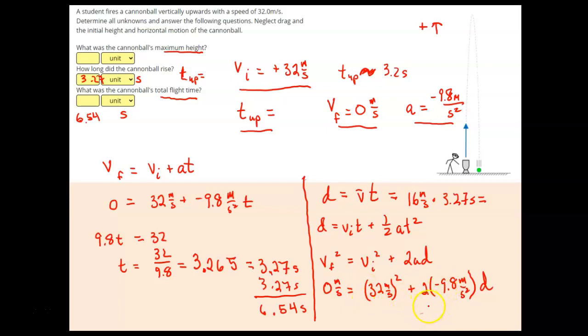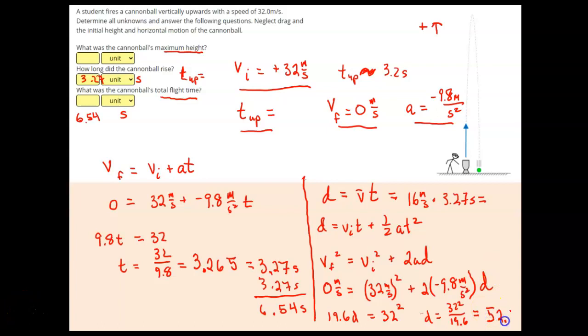If we add 19.6d to both sides, we'd have 19.6d equals 32 squared. So d would be 32 squared divided by 19.6, and that is something worthy of a calculator.